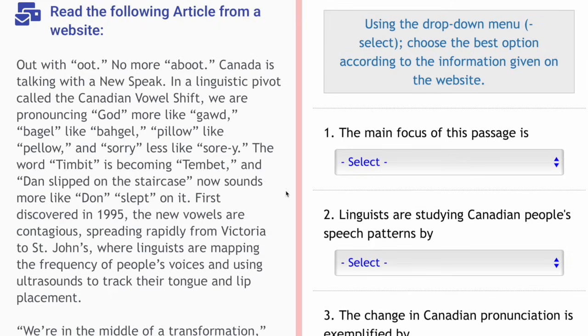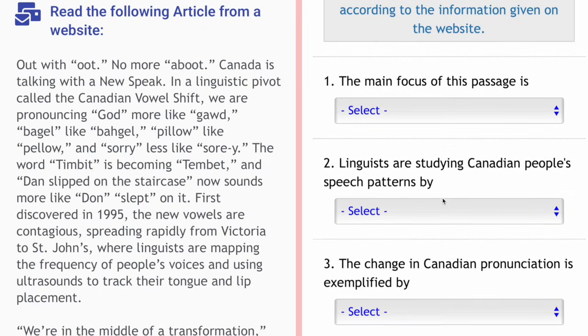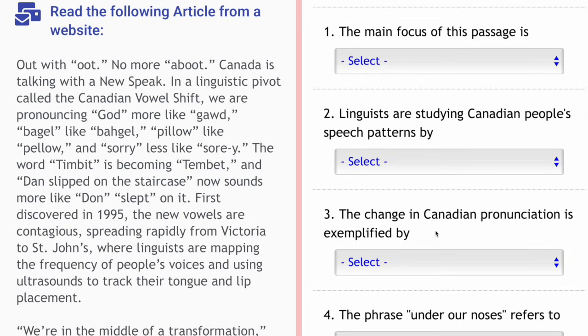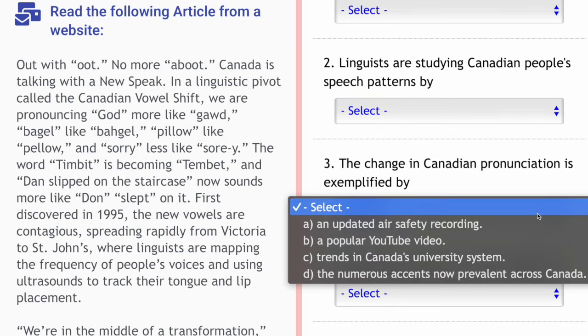Now, let's look at number one, the main focus of this passage. Maybe we don't know yet because we didn't read it all, and some questions are about everything. So let's just leave that one. Linguists are studying Canadian people's speech patterns by. Also, didn't really read that one yet. The change in Canadian pronunciation is exemplified by an updated air safety recording, a popular YouTube video, trends in Canada's university system, the numerous accents now prevalent across Canada.